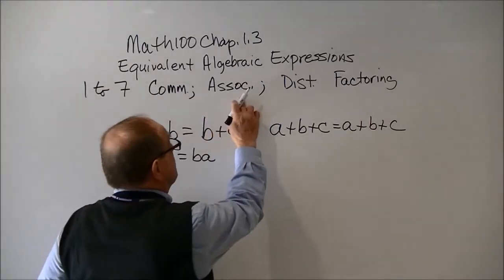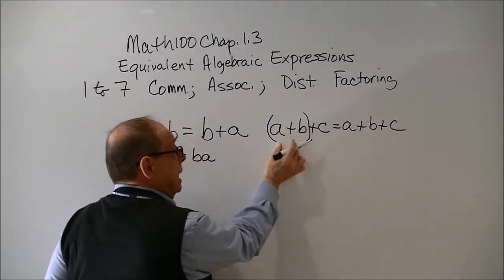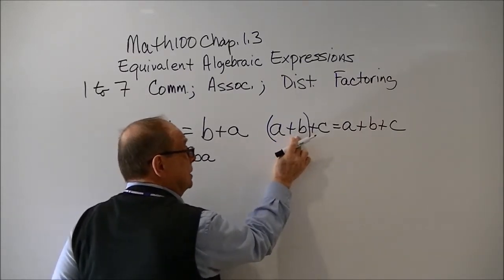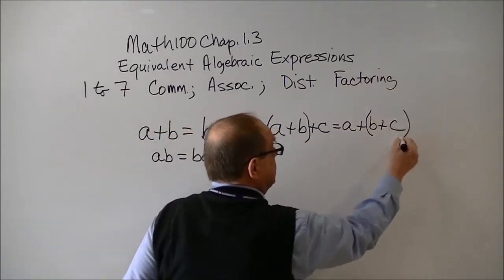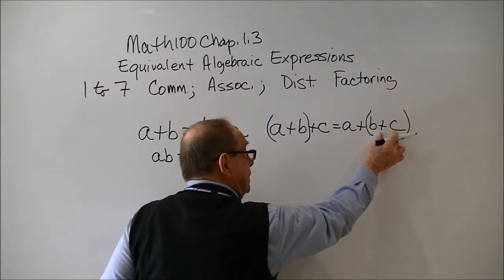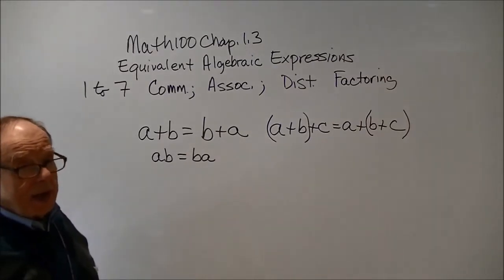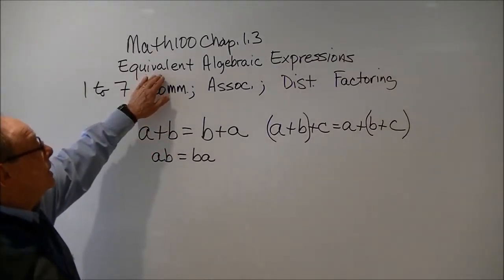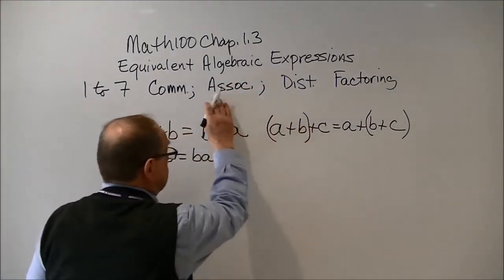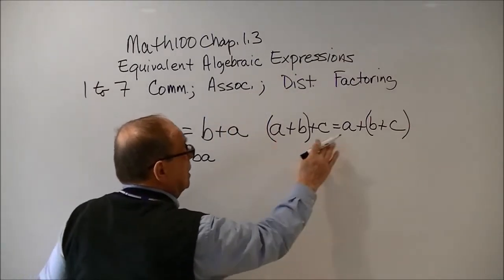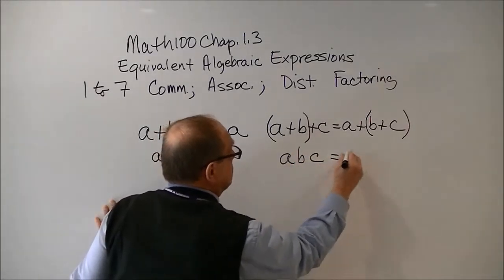But in the associative principle, we're saying we can put a parenthesis around the A and B, and that is to add these two terms together, then add C. Or we can put the parenthesis around these, which indicates add these two terms together, then add it to A. And the results are going to be the same, because they are equivalent algebraic expressions, but this one is illustrating the associative law of addition, and the same applies to multiplication.